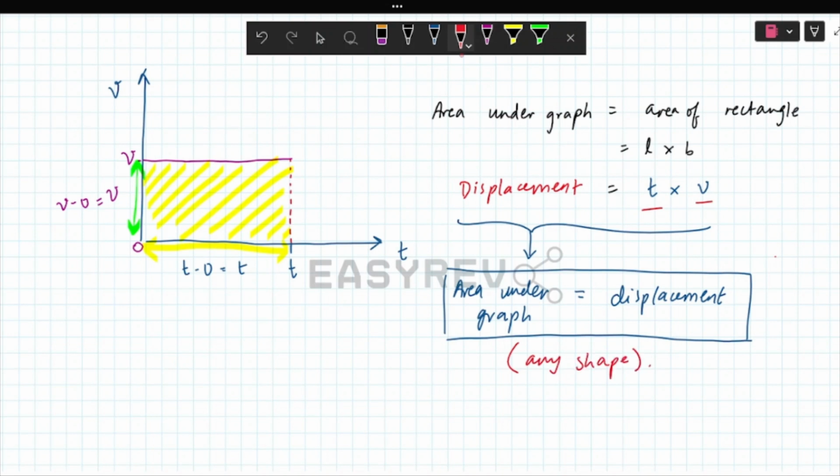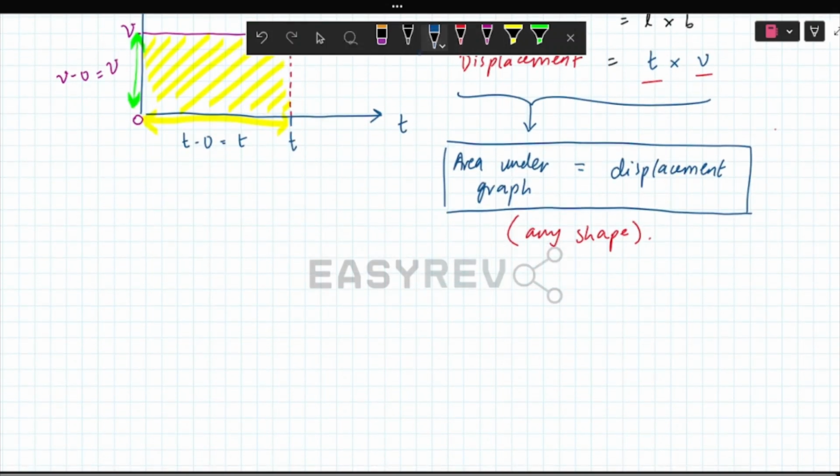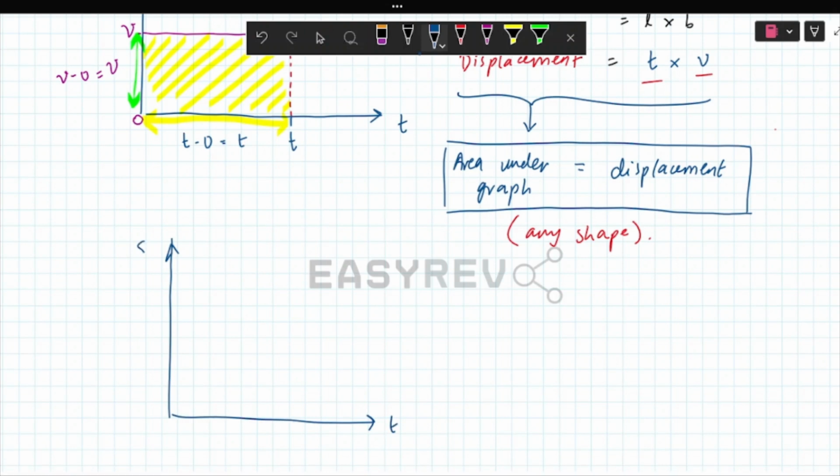Now you might be wondering at this stage, how on earth could I get the same expression v times t for any shape? What if I had a graph line like this, for instance? Suppose if I had this. Now here clearly the area underneath the graph is not really a rectangle anymore, it's actually a triangle.